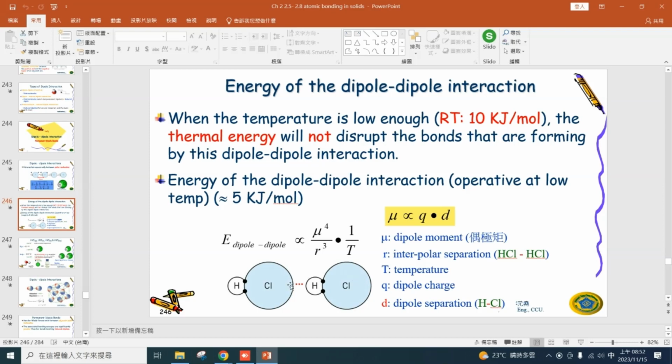If the distance between the two molecules is short, then the energy is high. If the distance is long, then the energy will be low, and it's also related to the temperature. Okay. Right.